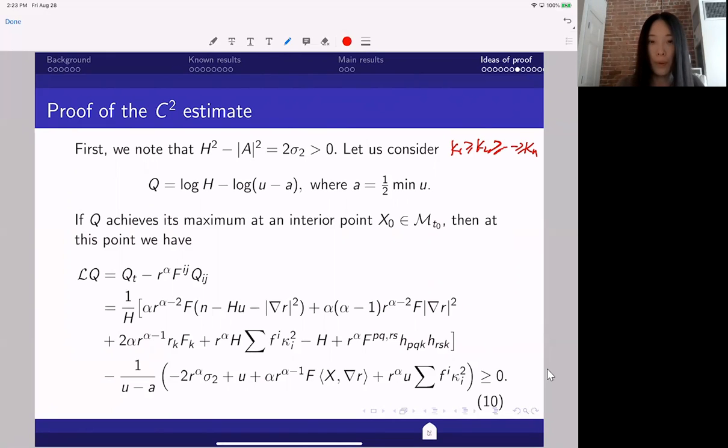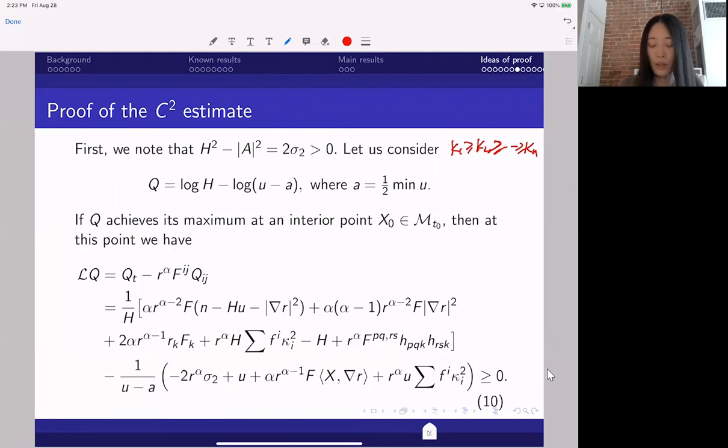So in order to bound A squared, we only need to bound the mean curvature h. Therefore, we consider the auxiliary function Q equals log h minus log u minus a. We only need to show that h is bounded from above, then we're done, right?